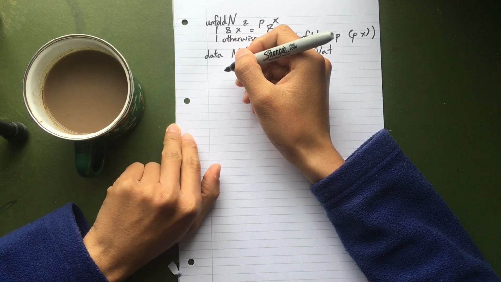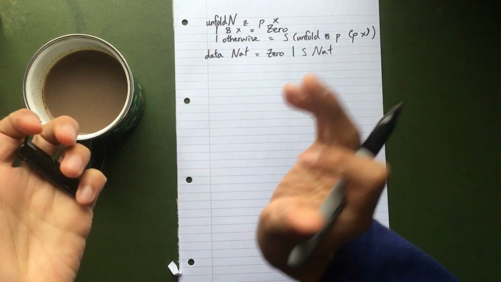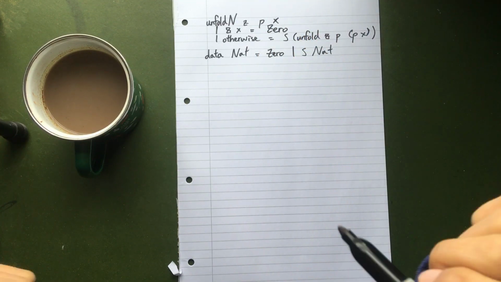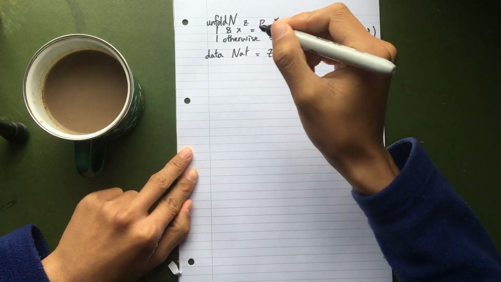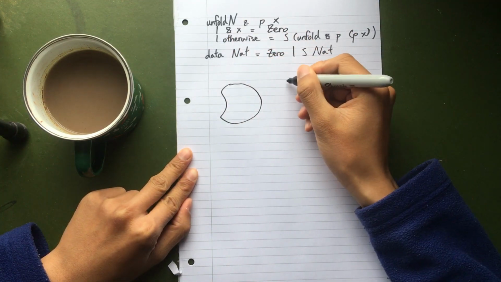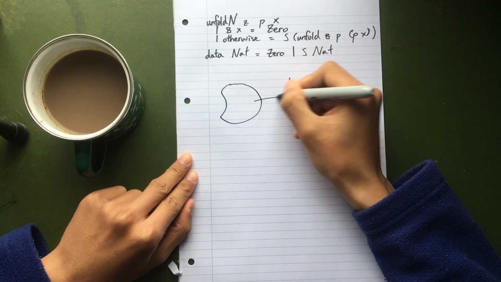Another way, a visual way I like to think about it, is that the input x is some blob, and our z and p are going to tell us how to interpret that blob as a natural number. In the first case, where z x is true, our interpreter, our translator, our unfold, is saying, okay, this blob is just 0.